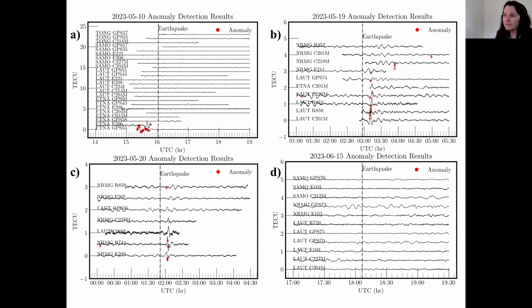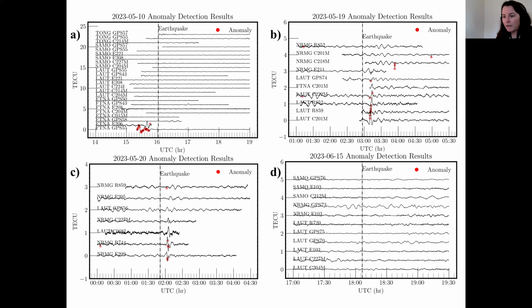And I should just note, we see some other things here that actually don't look like ionospheric behavior, but are most likely hardware issues. Often cycle slips kind of look like this. And so that's getting picked up as an anomaly. Maybe rightfully so. It's unusual and it is not normal.